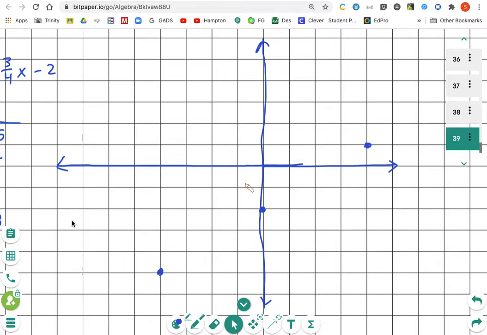So I'm going to need to extend my x-axis. And then I have -8, -8.